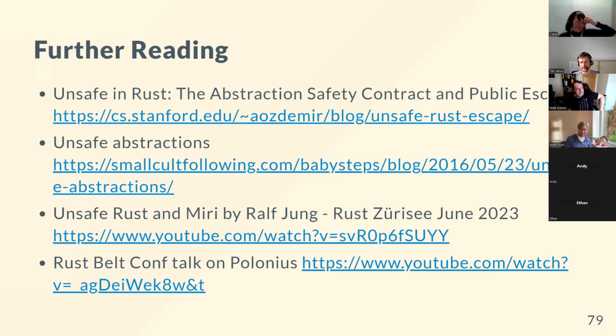Yeah, one thing I take away from this chapter is that it's very information dense, and I got a lot of value from looking at other resources as well. I found there are a lot of really good resources on Unsafe Rust, even more than I thought there would be.